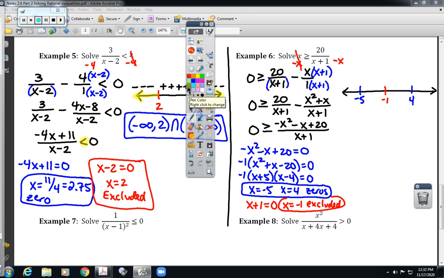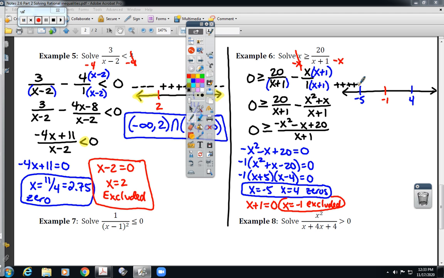So for instance, a number smaller than -5, oh, I don't know, how about -10? -10 squared would be -100. +10 plus 20 is still negative. Doesn't matter what it is, it's negative. Okay? On the bottom, -10 plus 1 is still negative. So we have a negative divided by a negative. Everything below -5 would be positive.